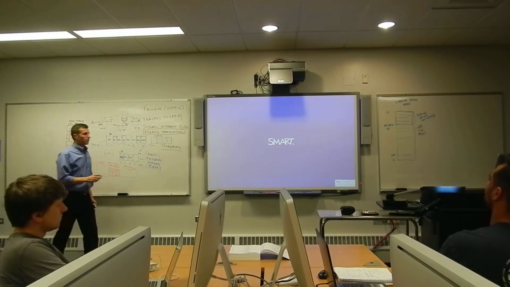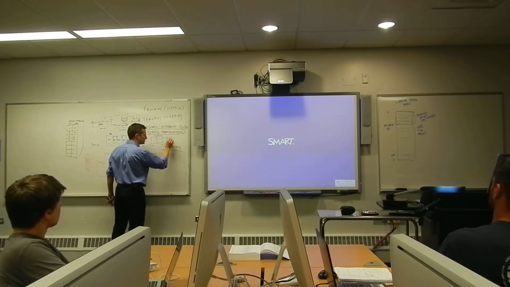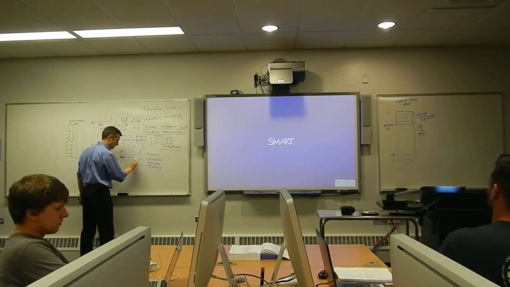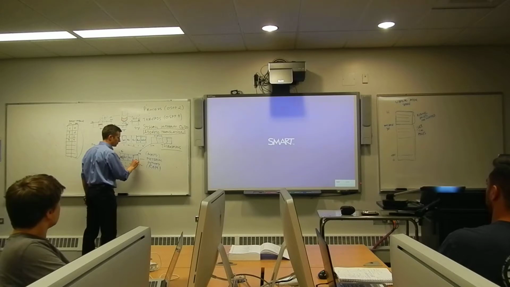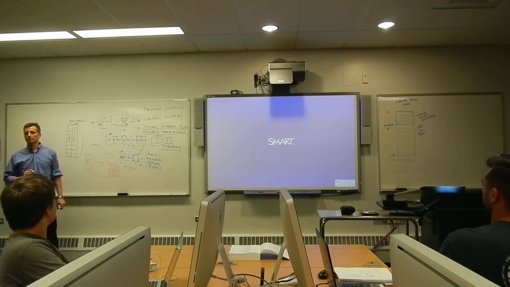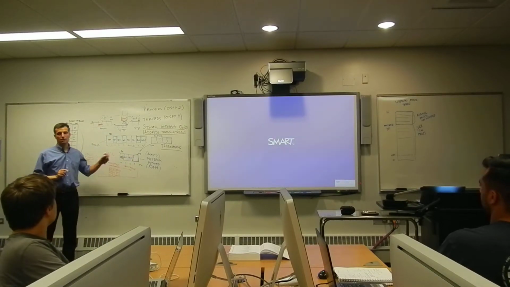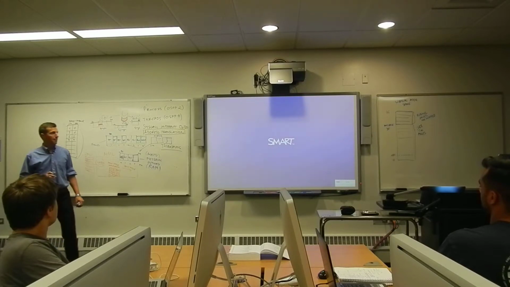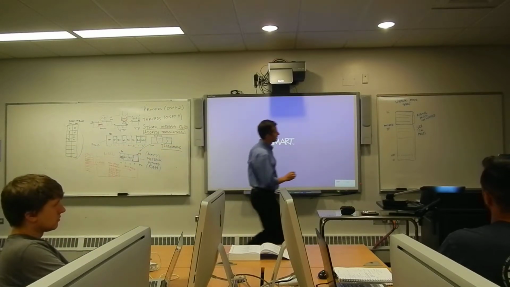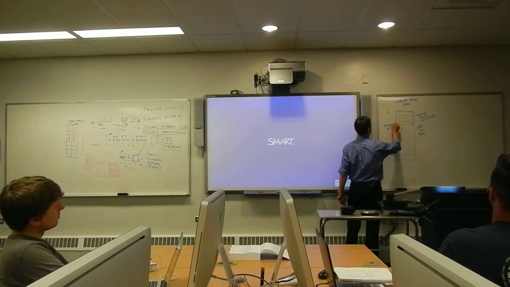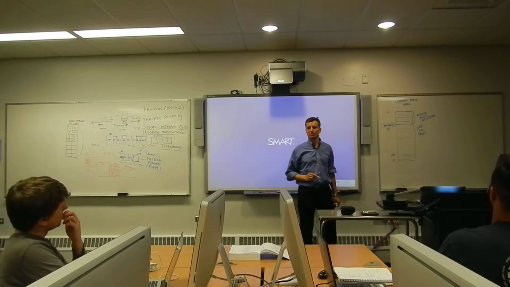When I want to execute code that is here, the mapping is one-to-one to here. So the virtual address is actually equal to the physical address. That's why this is called physical base.